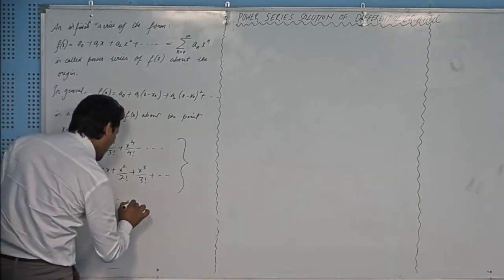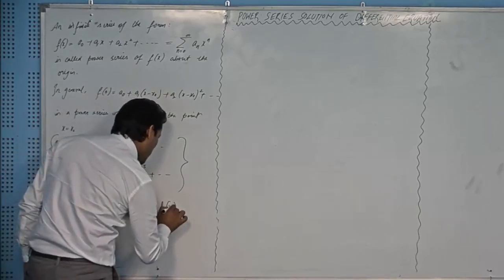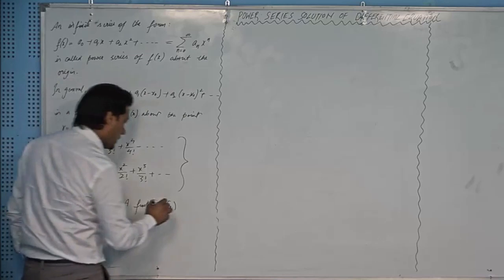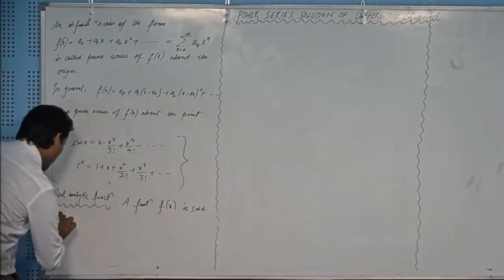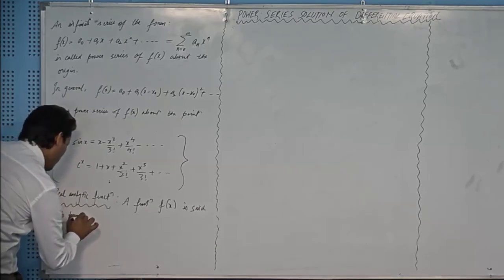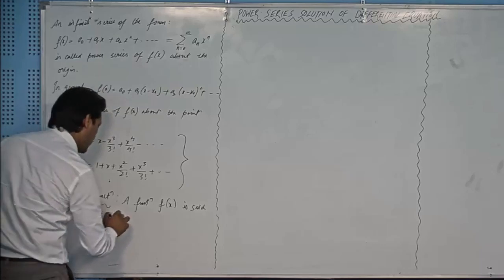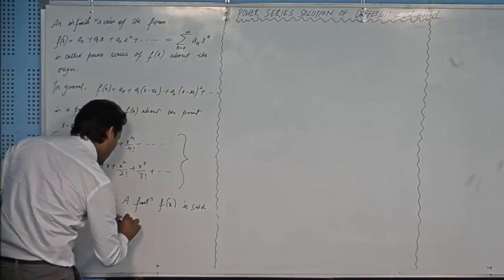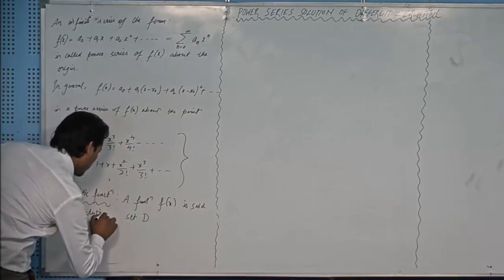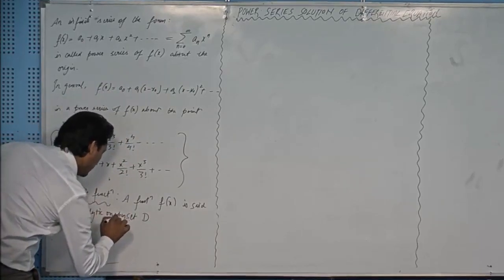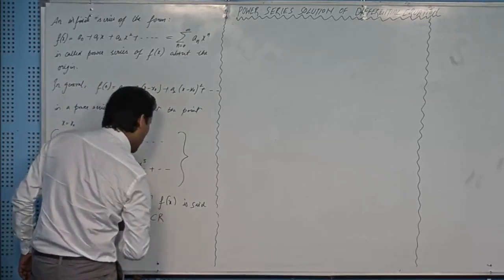So the definition is like this: a function fx, this is a real function, x is a real variable, is said to be analytic on open set. I will write open set D. This is an open set on open set D, which is a subset of real line, right?